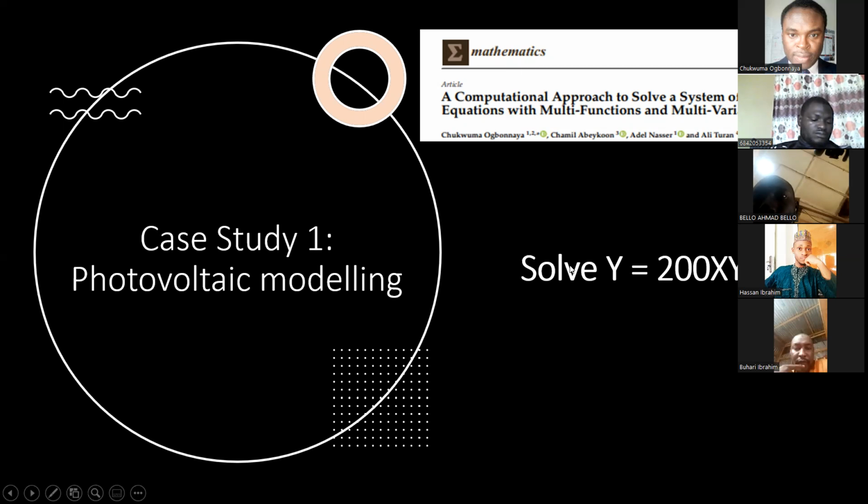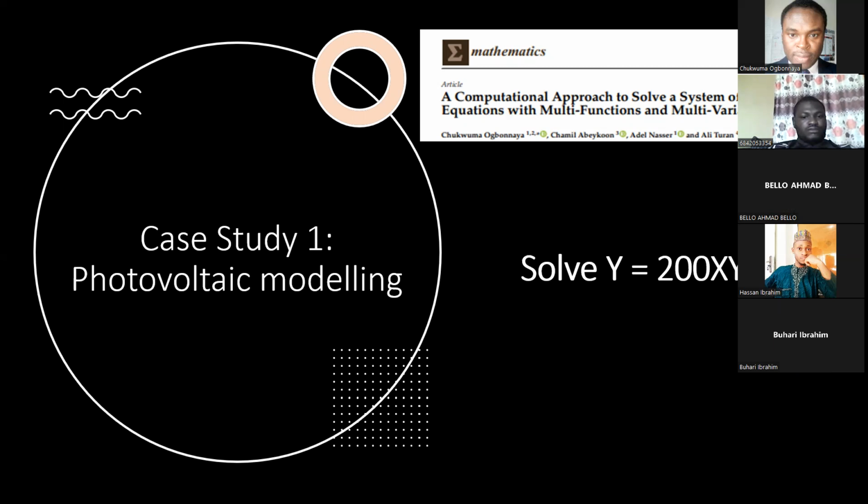So imagine you have, let's say, 5 other equations in addition to this single equation, and you are supposed to solve all of them simultaneously. You can see that it's going to pose a serious challenge. That is what the PV modeling also represents. It contains a transcendental equation, making it a system of transcendental equations.